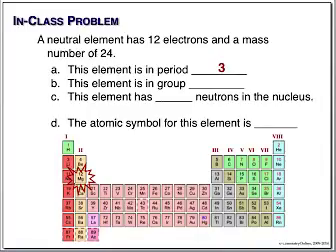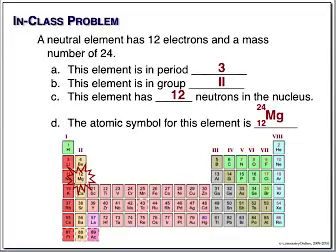It is in group 2. If its mass number is 24 and it has 12 protons, it also has 12 neutrons, and the symbol would look like this. Any questions?